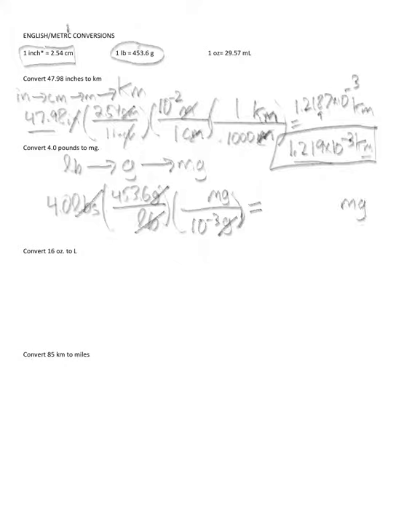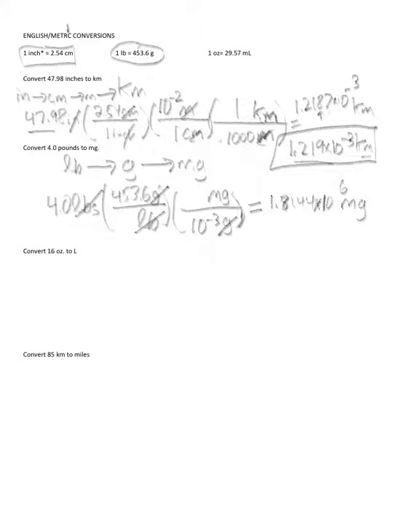That gives me milligrams. So 4 times 453.6 divided by 1 times 10 to the negative 3. And that would give me 1.8144 times 10 to the 6 milligrams on my calculator.